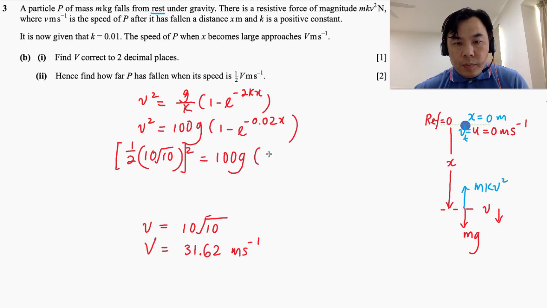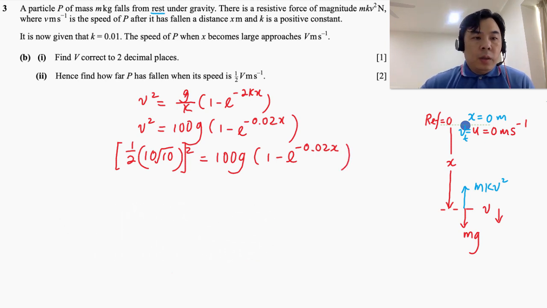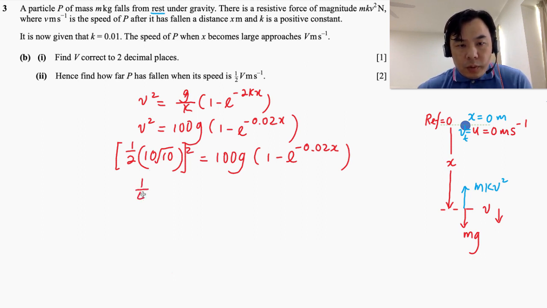Okay, and then there you have it. From here, we know that this is actually 100 G, so we can cancel out the 100 G with that. Therefore, we have a quarter here.